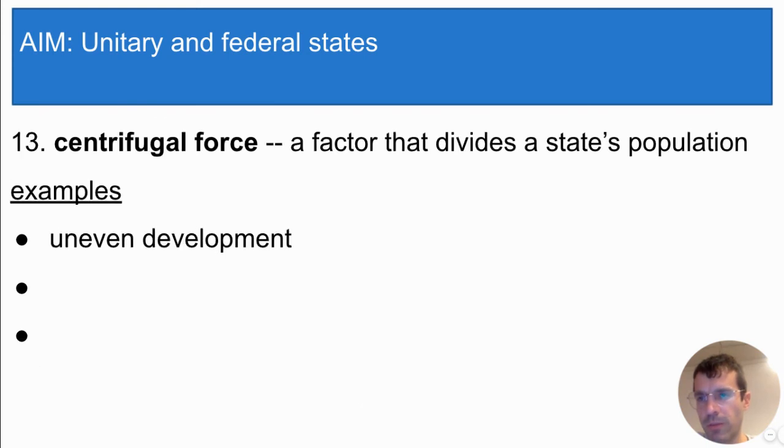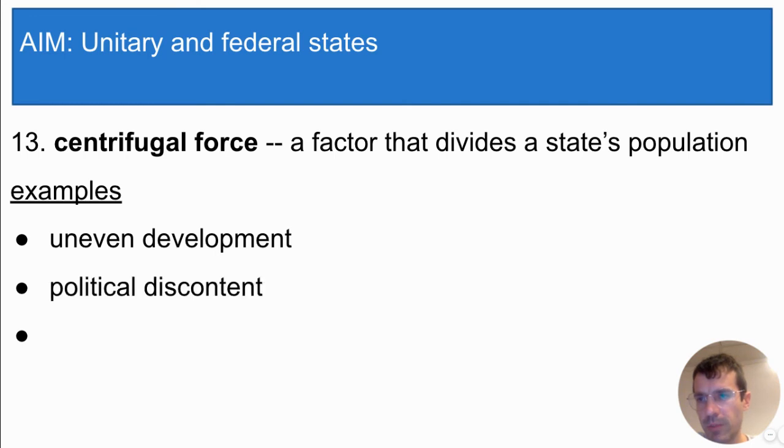Now let's review centrifugal forces. Those are things that create division among a country's population. Uneven development means that only certain regions of the country are seeing an increase in quality of life, while others do not. Uneven development breeds resentment among regions and can lead to separatism.